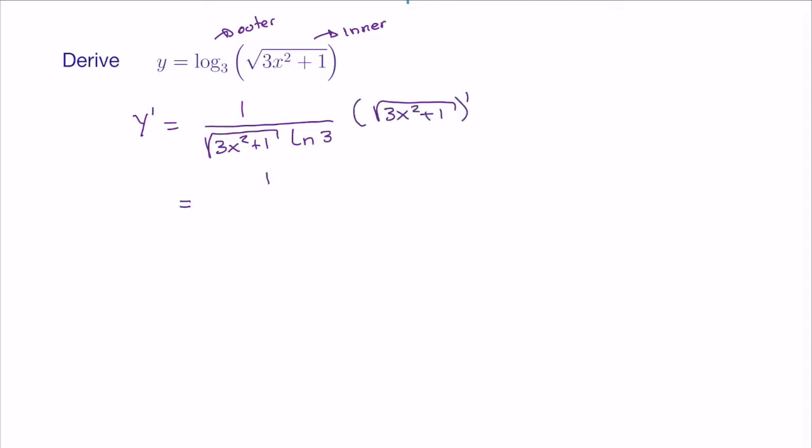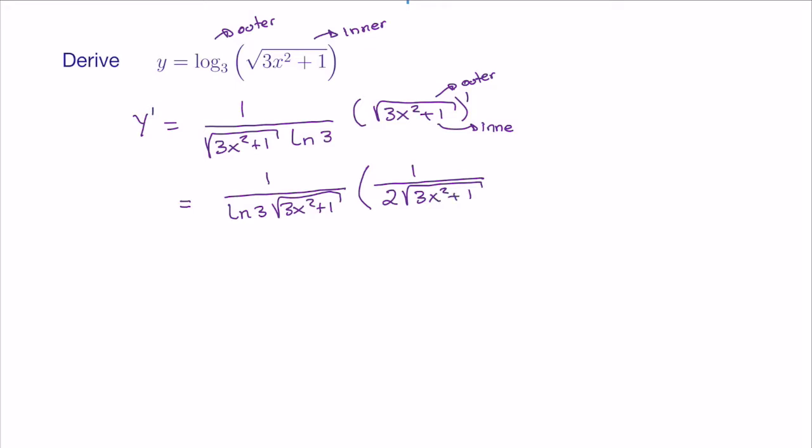And we get 1 over ln 3 square root of 3x squared plus 1 times the derivative of the square root of 3x squared plus 1, which is again a chain rule, where the square root is the outer function and 3x squared plus 1 is the inner function. And we apply the chain rule again. So this is 1 over 2 square root, and keep the inner function there.